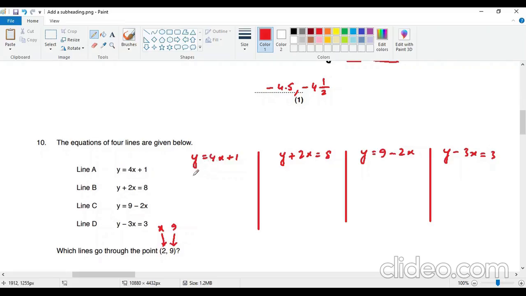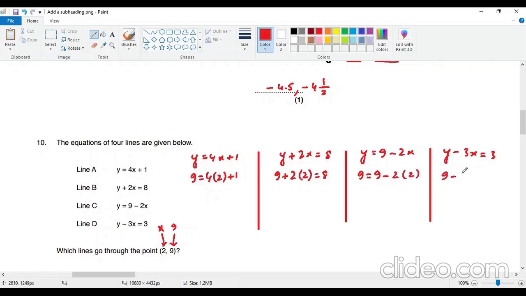So in the first one, y equals 9 equals 4 times 2 plus 1. Here it says y equals 9 plus 2 times 2 equals 8. Here it says 9 equals 9 minus 2 times 2.